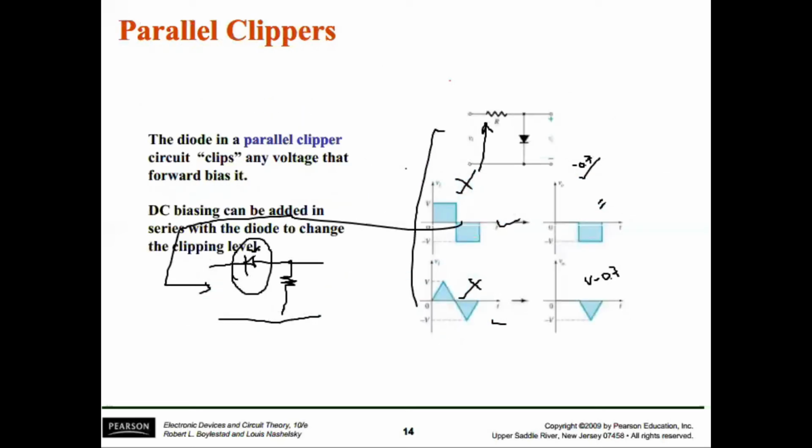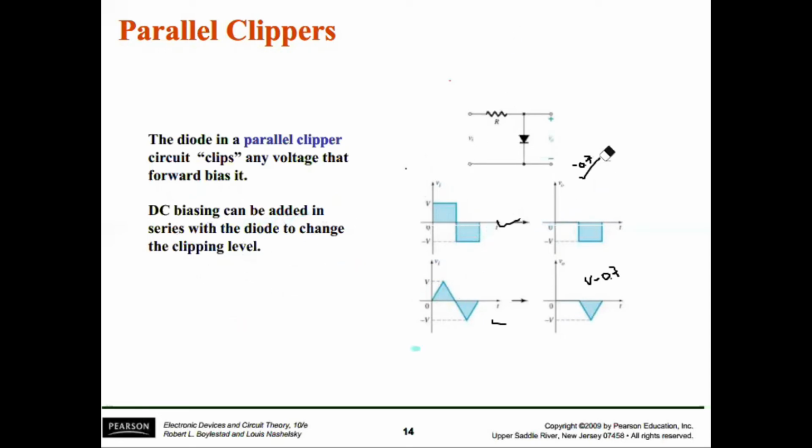This is a parallel clipper, and in a parallel clipper what will happen? A parallel clipper will behave opposite to the series clipper. Like here, if you have this waveform and it is applied here, for the positive cycle this will be positive, this will be negative, and all the current will move this way through the diode.